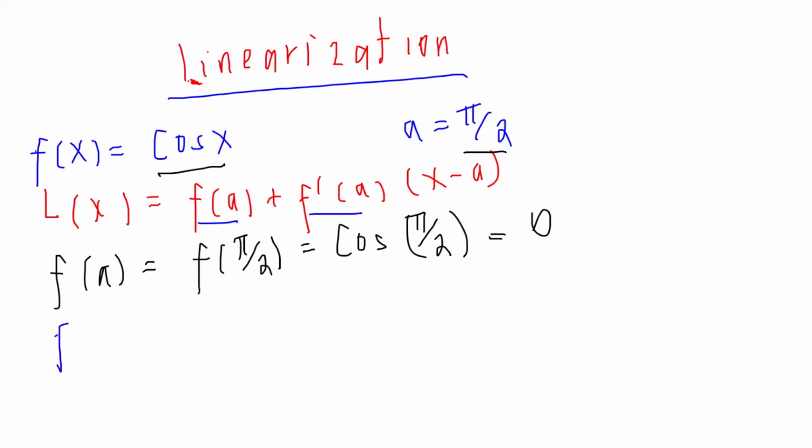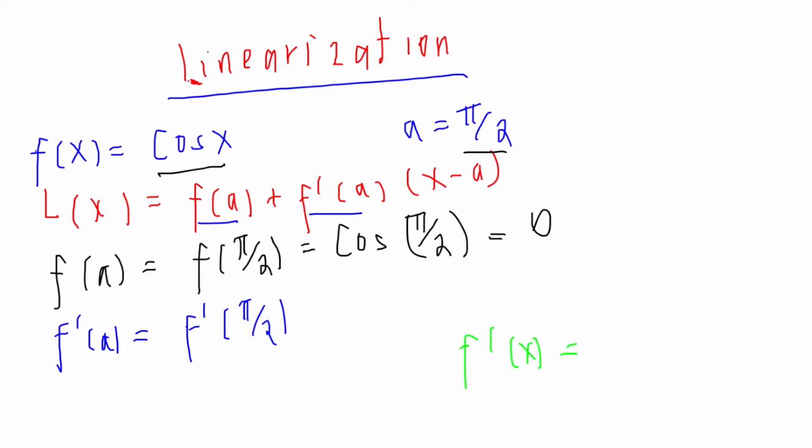So f prime of a is equivalent to f prime of pi over 2. Okay, so first we have to find f prime of x before we could find the value of that derivative at pi over 2.